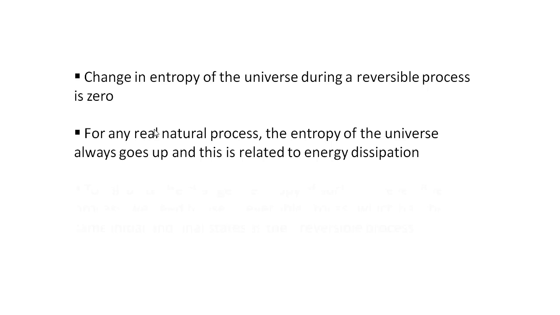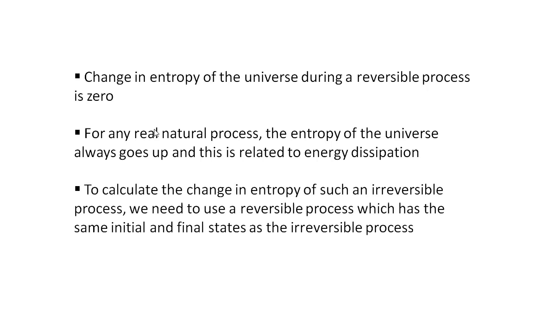Importantly, to calculate the change in entropy of such an irreversible process, we need to use a reversible process which has the same initial and final states as the irreversible process. This reversible process is not really occurring. It is only a device to calculate the change in entropy of the actual process.